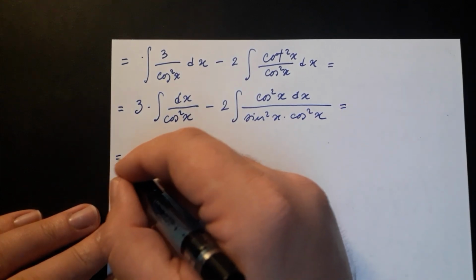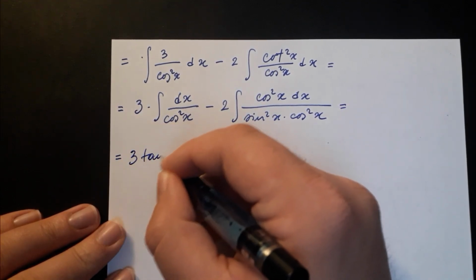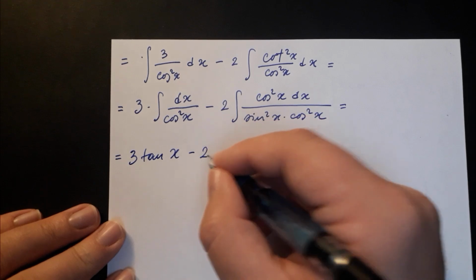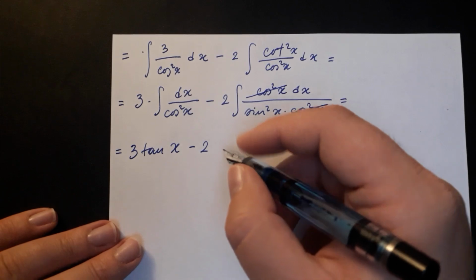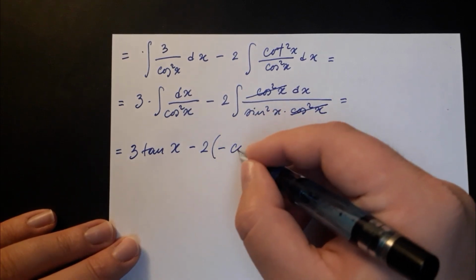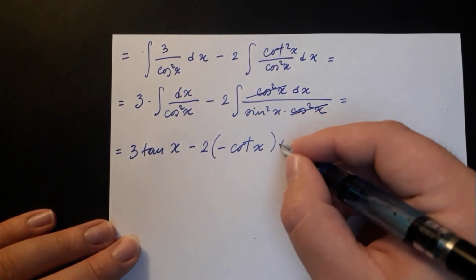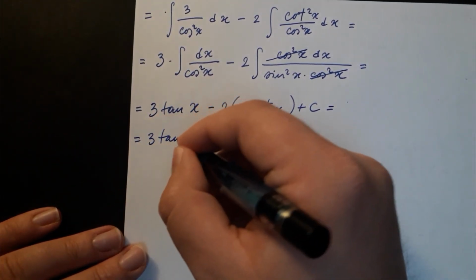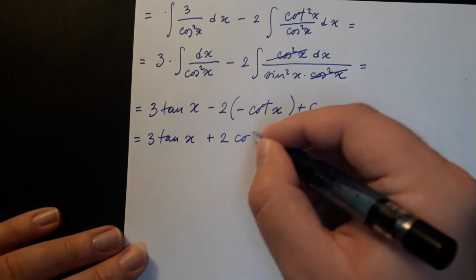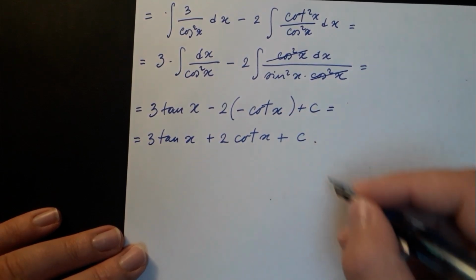This is then equal to 3 tan of x minus 2, and these cosines squared can cancel each other out, so we get minus cot of x plus c. So the final solution is 3 tan of x plus 2 cot of x plus c.